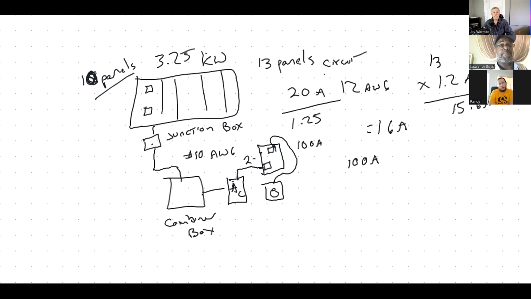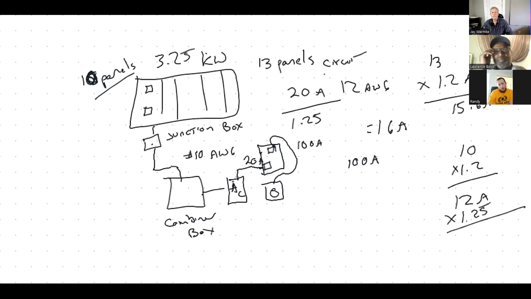If I've got 100 amps from the utility, 20 amps from this unit, how many amps am I coming in with? Well, actually, if we have 10 panels and each of them is 1.2 amps, I would have 10 times 1.2, which gives me 12 amps, times 1.25 for our safety margin, and 12 times 1.25 is 15 amps.